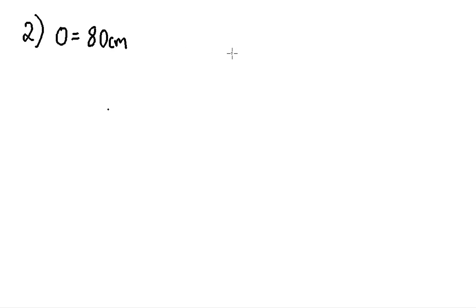So if the index of refraction of water is assumed to be 1.33 and that of air is approximately 1, then we know that the symbol used to represent the index of refraction is n. One of our n's is 1.33, and the other one of our n's is just 1.